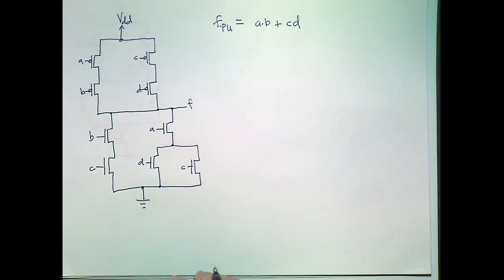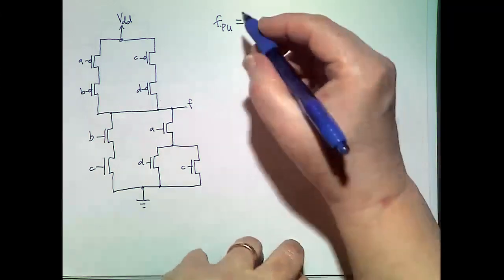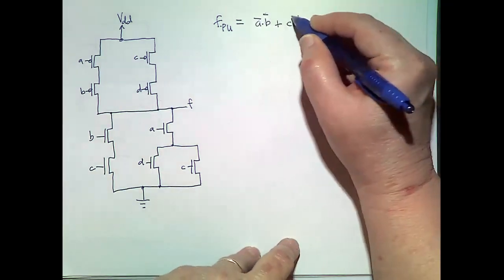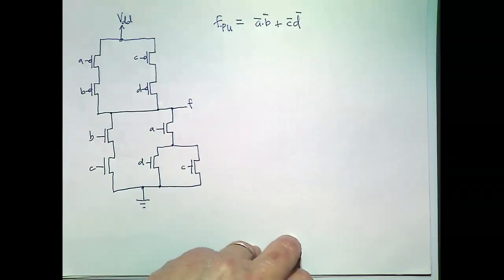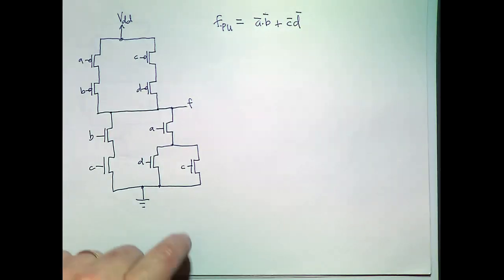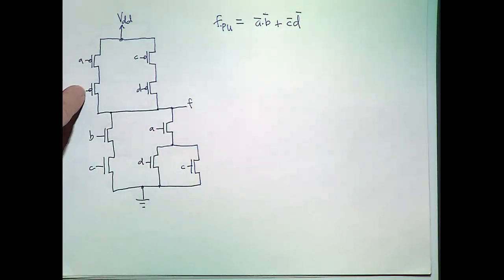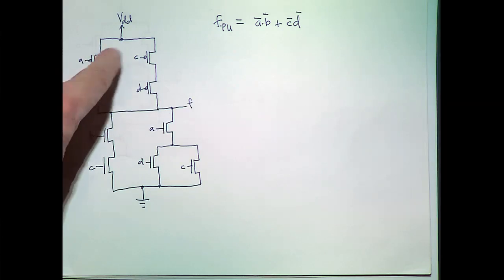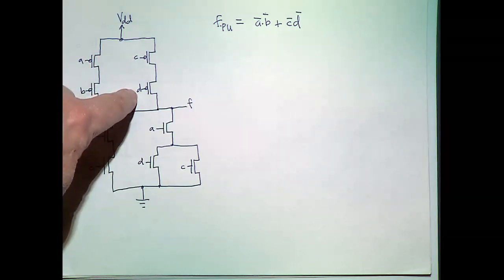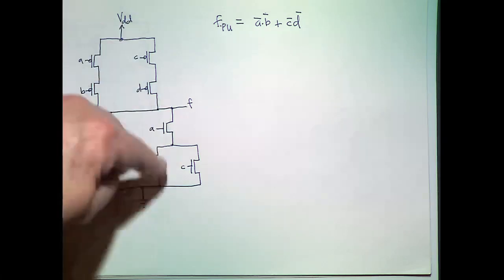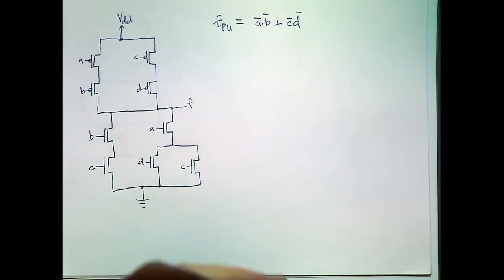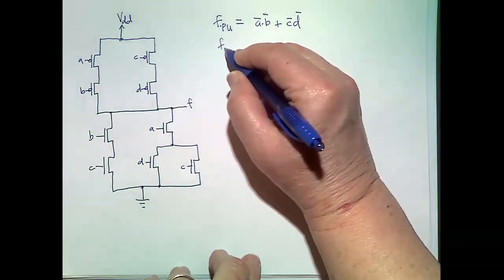Well, the same thing, but you just need to invert all the inputs. Remember, these conduct when they're 0. So we need A to be 0 and B to be 0, or C to be 0 and D to be 0. These are PMOS. They're only going to be on if their gate input is low. Okay, what about the pull down?